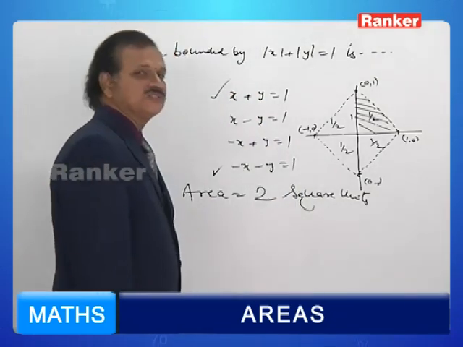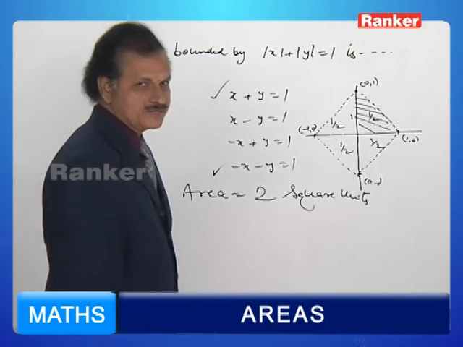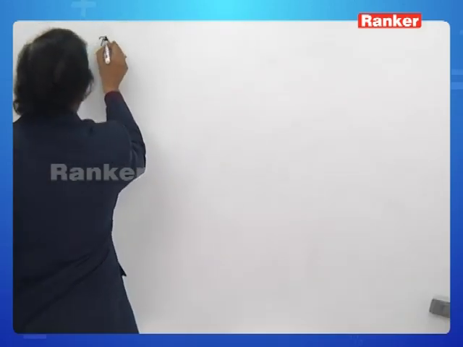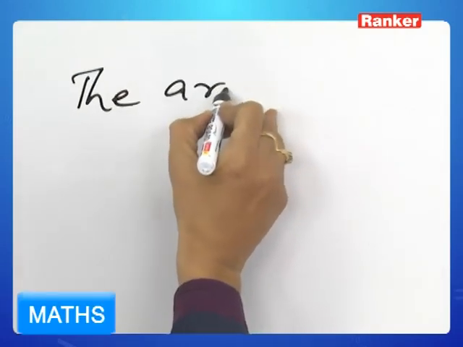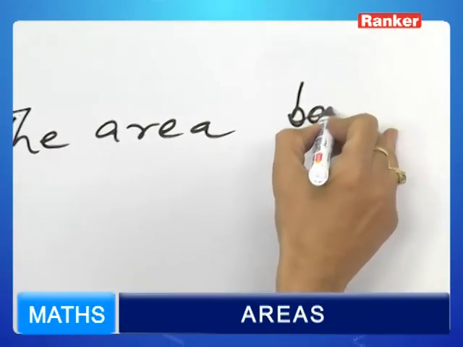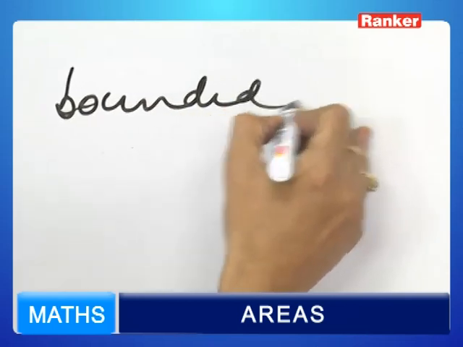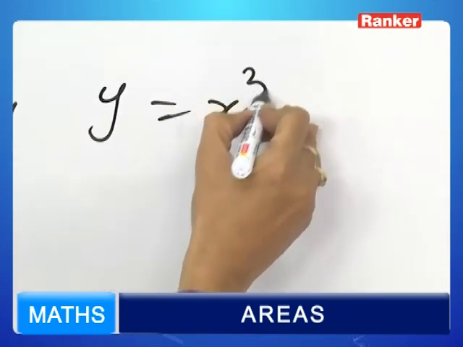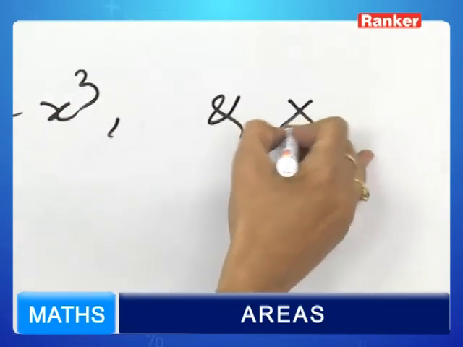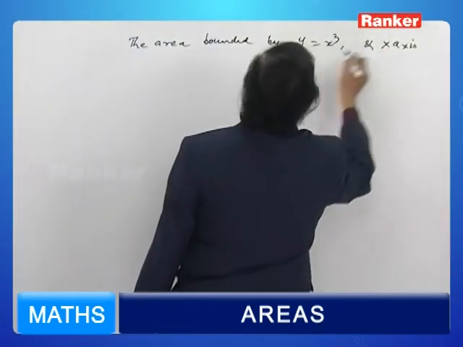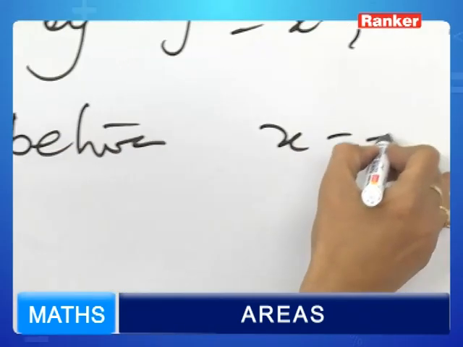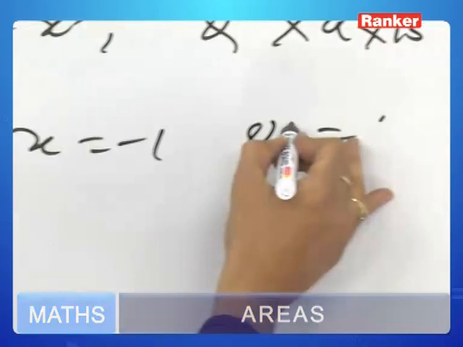Well, another standard question we are going to look at. Find the area bounded by y is equal to x cube and the x-axis between x is equal to minus 1 and x is equal to 1.